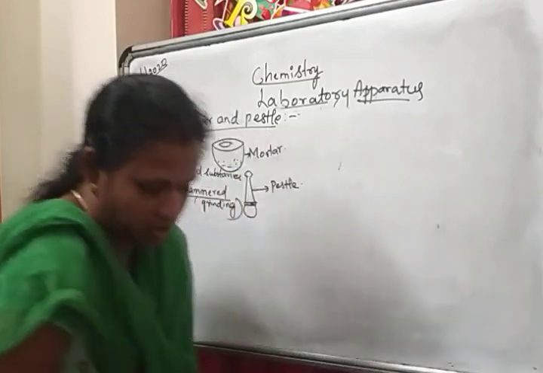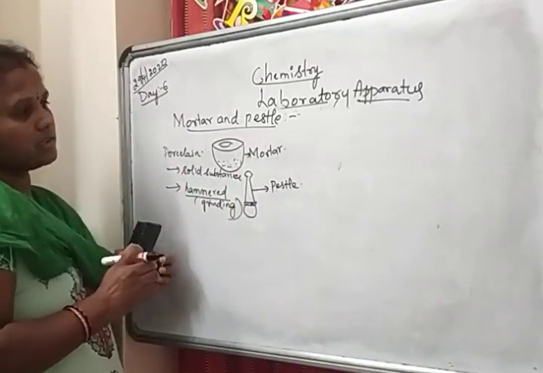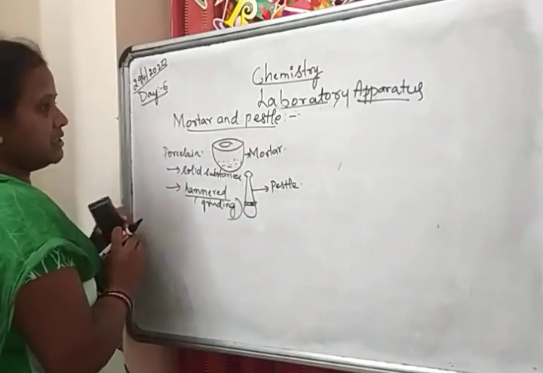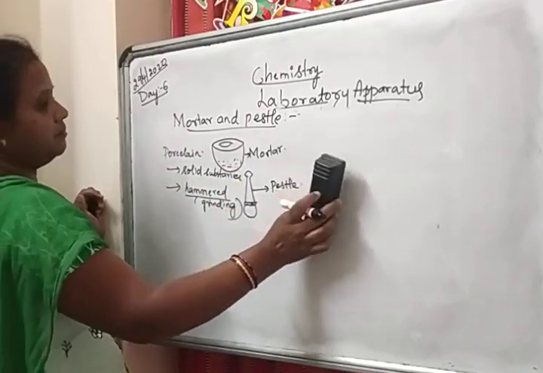Then next one here, children. So the last laboratory apparatus is the Bunsen burner.